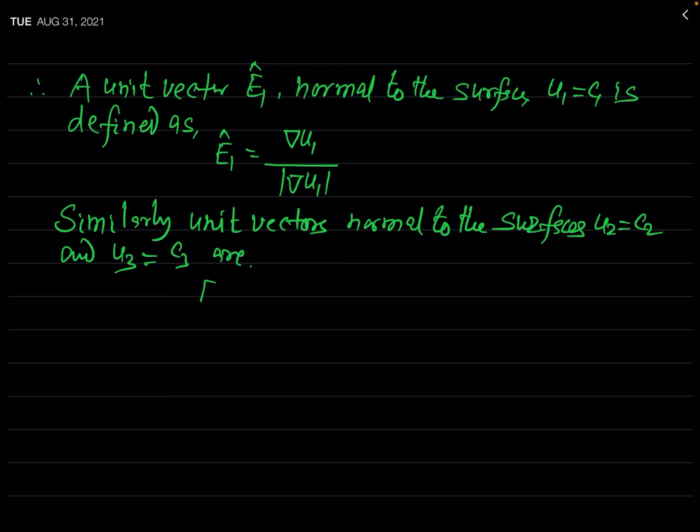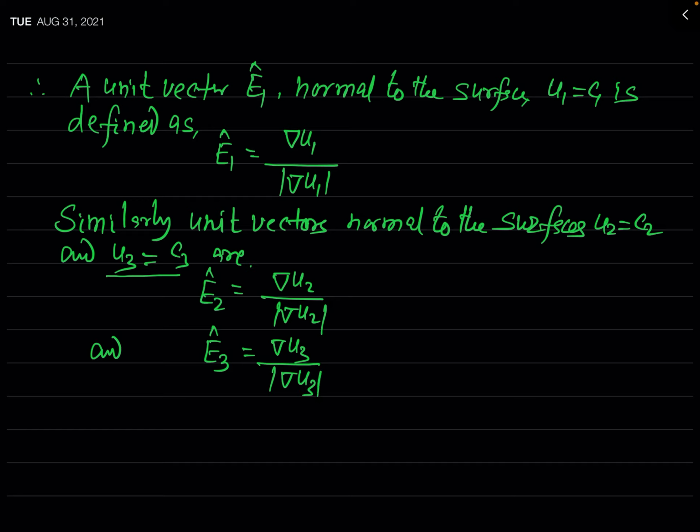E2 hat will be del u2 over mod of del u2, and normal to the surface u3 equal to c3, the unit vector will be E3 hat equal to del u3 over mod of del u3.